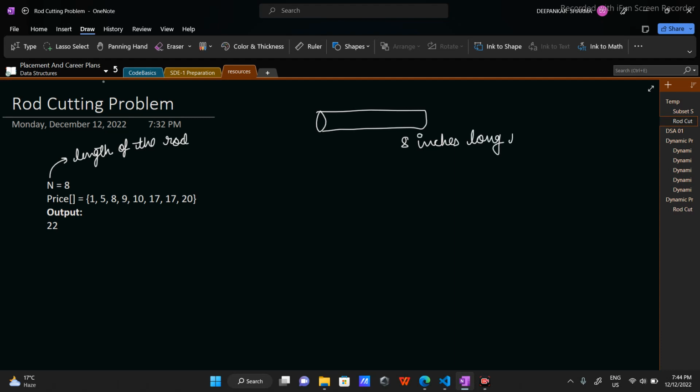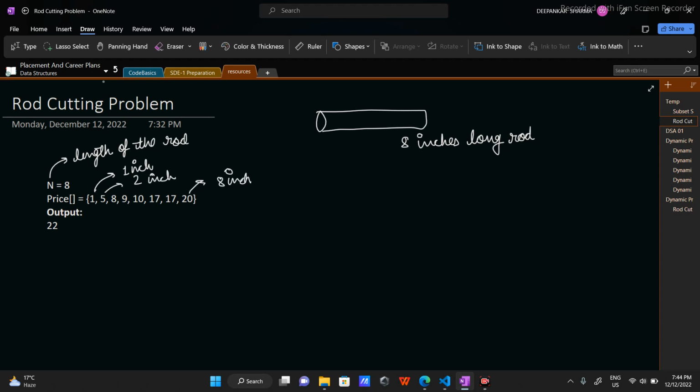long rod, all right, and then I am given the price array where these are the prices of corresponding pieces. Okay, so this one corresponds to the price of 1 inch. Okay, this is for 2 inch, and this is for 8 inch. Now what does this mean?